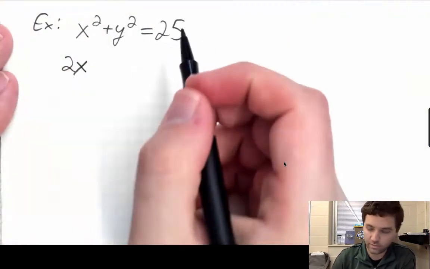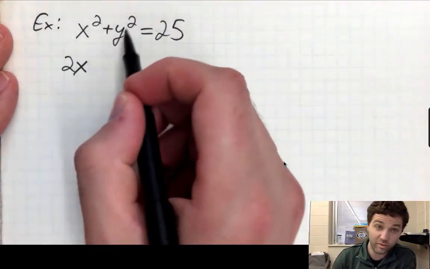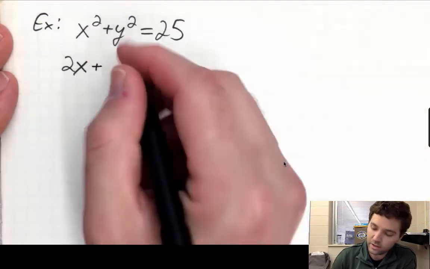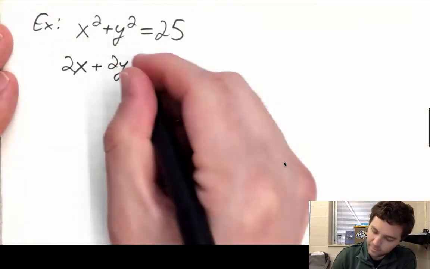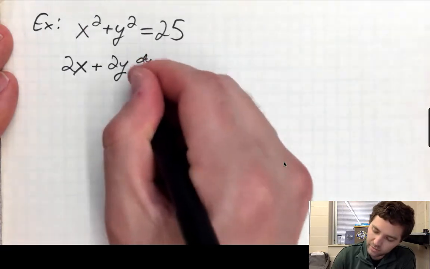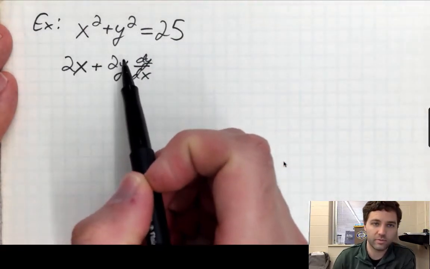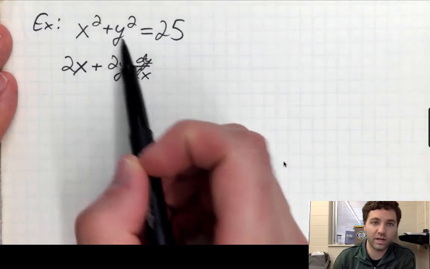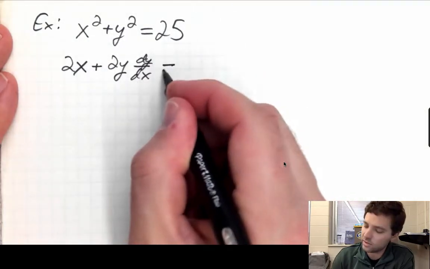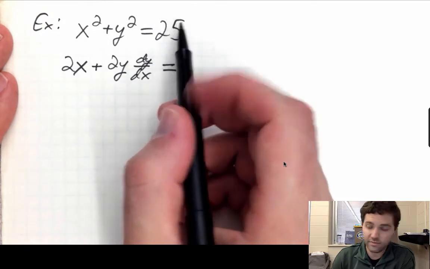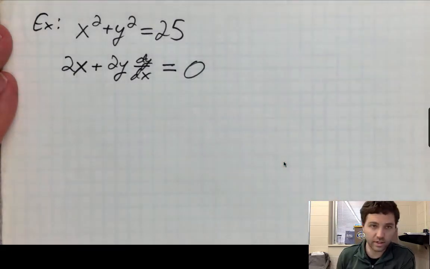Nothing changes there from previously. Now I'm taking the derivative of y squared. It's going to be 2y dy/dx, because it's a chain rule problem, right? 2 out in front, subtract 1 from the power, times the derivative of y, which is dy/dx. On the right, the derivative of 25 is 0. So this is what I get.